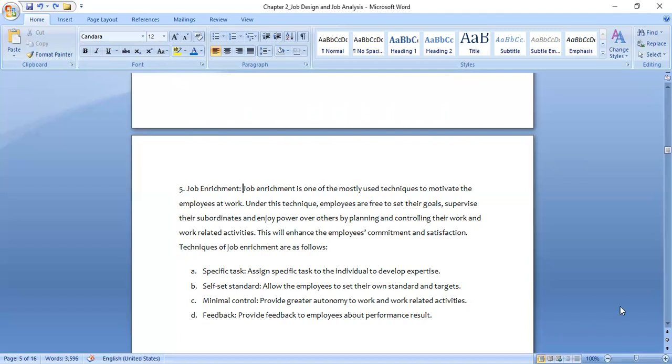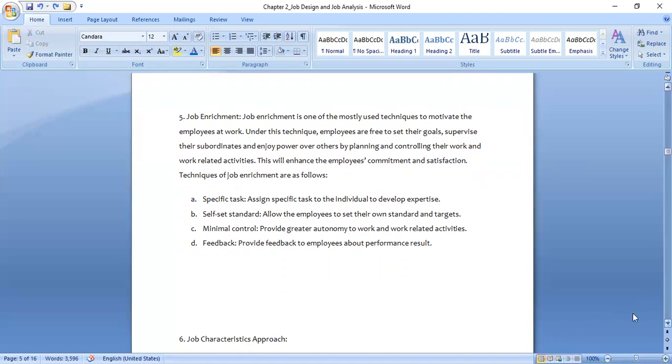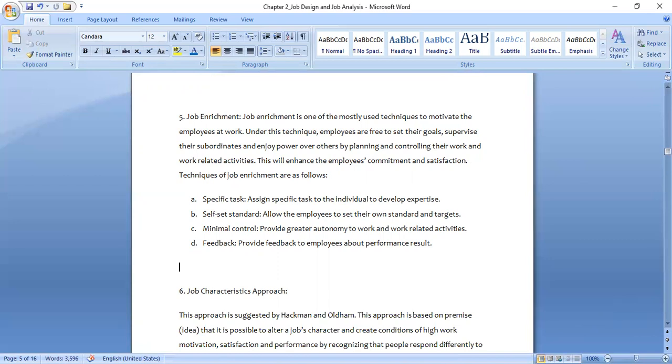And job enrichment has different techniques. One of them is what you call a specific task, whereby a specific task is assigned to an individual to develop expertise.